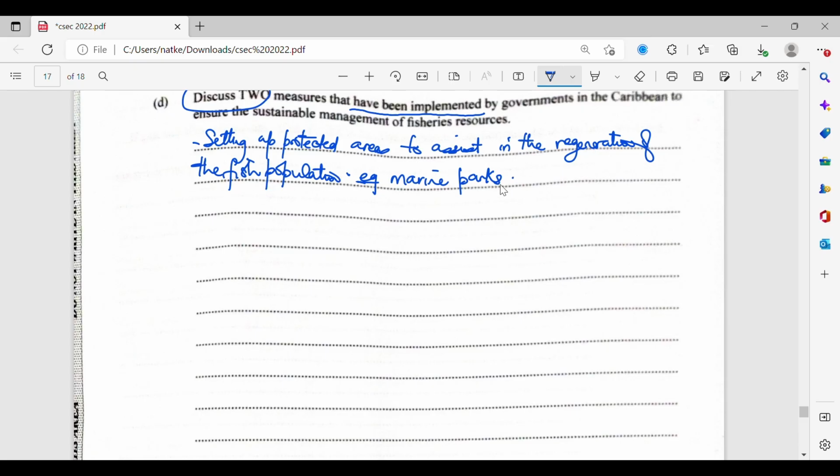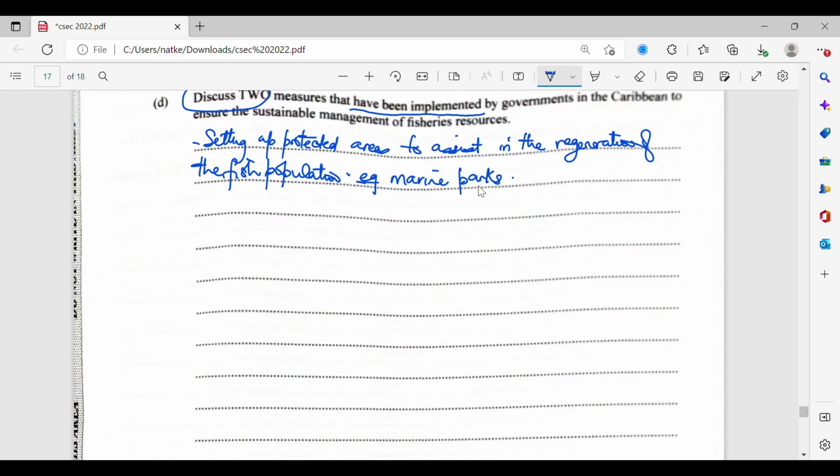These marine parks are areas where people are not allowed to fish. It's like a safe haven for fish. So they can go there, they can breed, they can relax basically without the thought of being caught by a fish pot or whatever method the fishermen are using.